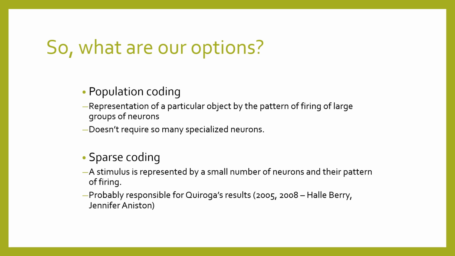But Quiroga et al.'s argument against this was that they are recording from a region that has billions of neurons, right? And they have chosen certain neurons to record from. They've chosen certain faces to show.